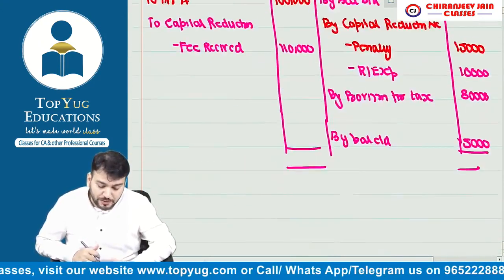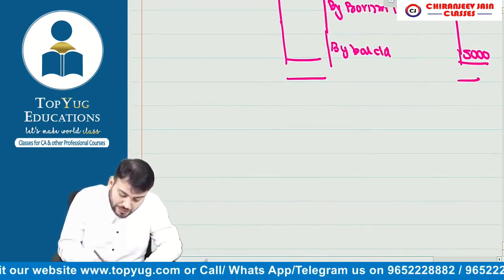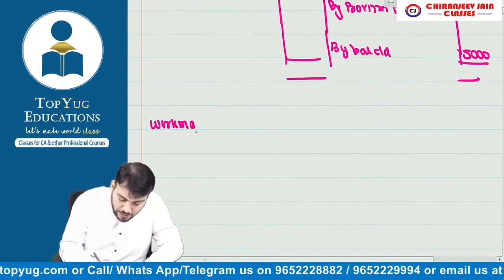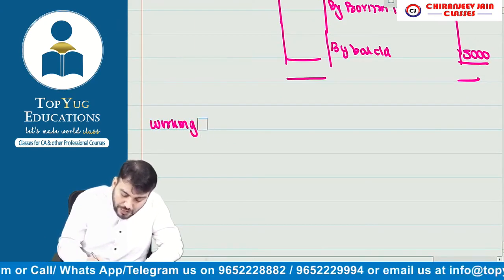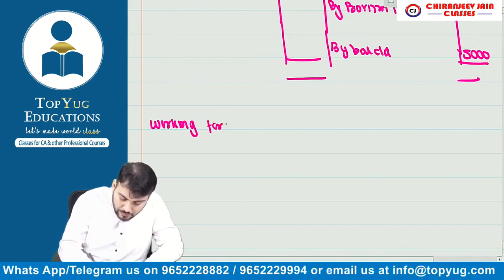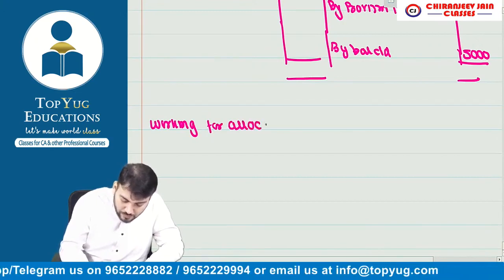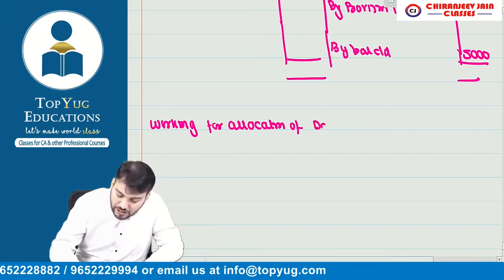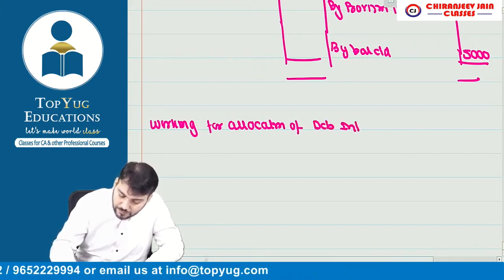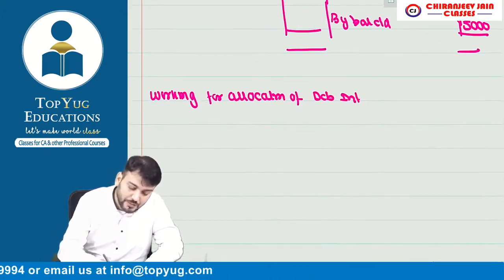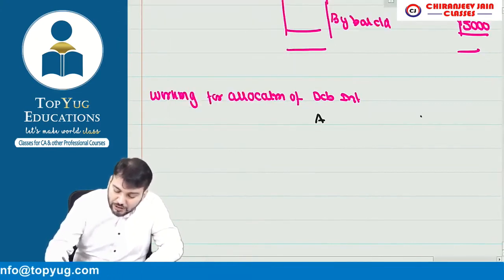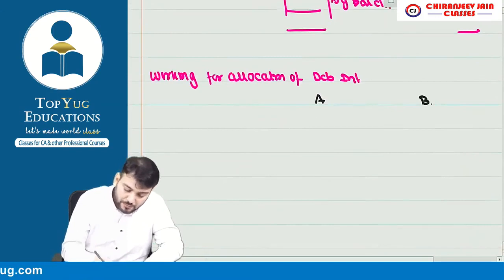Then they have asked you to prepare working for the allocation. Since they have said it, let us prepare it. Working for allocation of debenture interest. Correct? Yes sir. So here we will write Mr. A, Mr. B. Tell me how much is 10% first debenture?